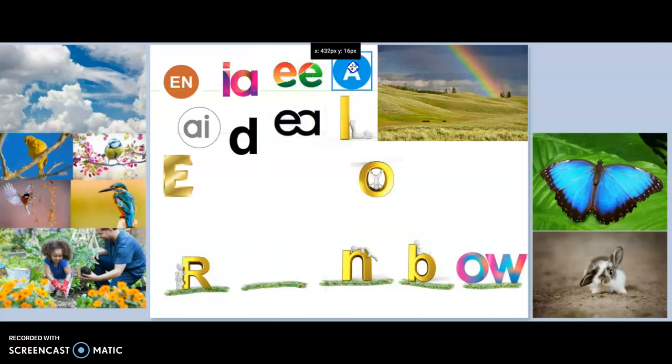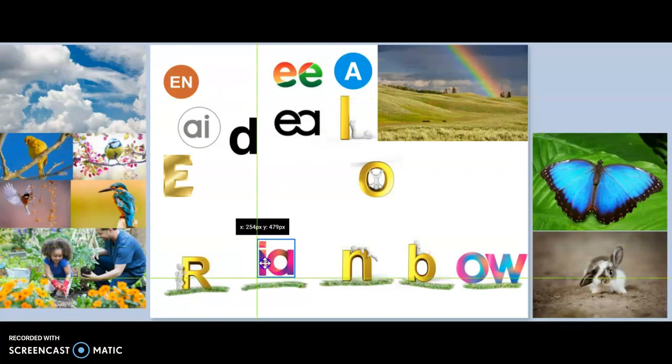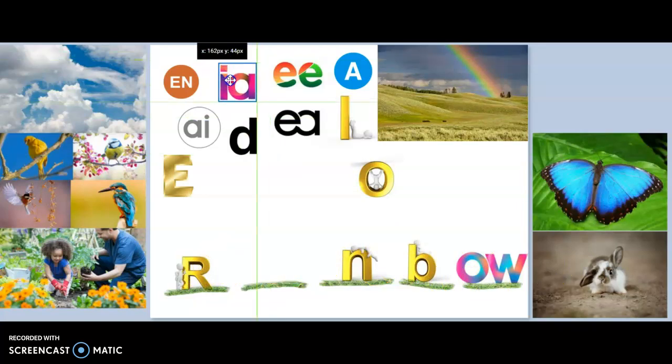So we need an A with a vowel. Now if I did this, here's an A with a vowel, but the A is second. So here we've got Ryanbow. Now if you had a friend named Ryan, and he had a bow and arrow, that might be what you'd call it. A Ryanbow, but that's not what this is. There's only one left.